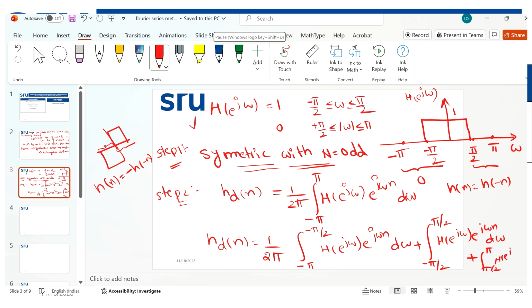So we already know from the given expression that the function exists only between minus pi by 2 to plus pi by 2. So the first integral will be 0 and the last integral also will be 0. So overall multiplied by 1 by 2 pi.